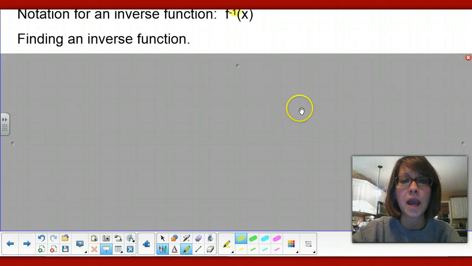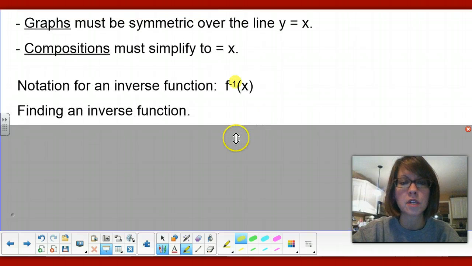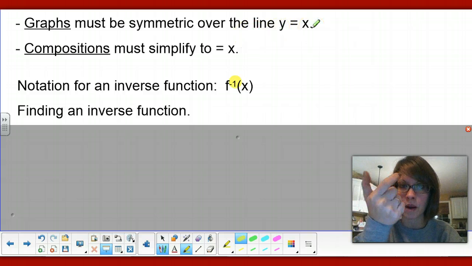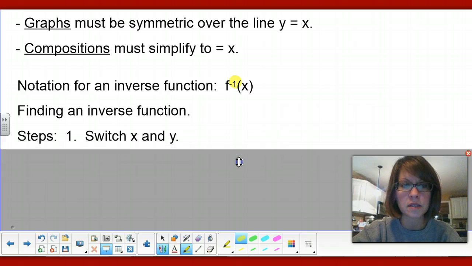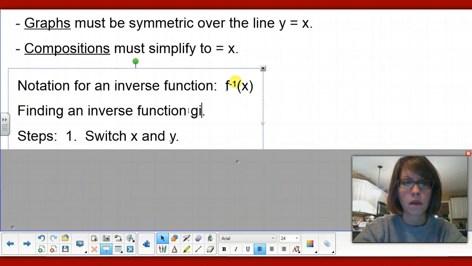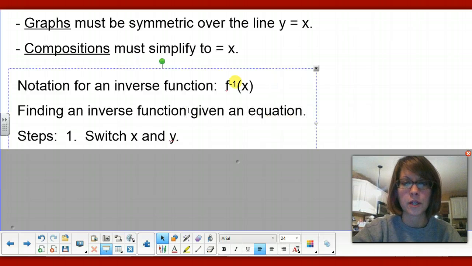Finding an inverse, we had a two-step process. Okay? Here was our two-step process. Remember what I just said about ordered pairs a minute ago? Talking about symmetric over the line y equals x. Every ordered pair is switched. Well, we switch the x's and the y's in an equation. Okay? This is finding an inverse function given an equation.